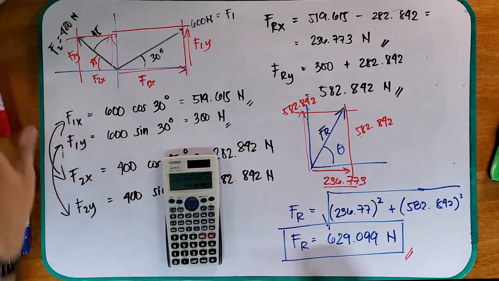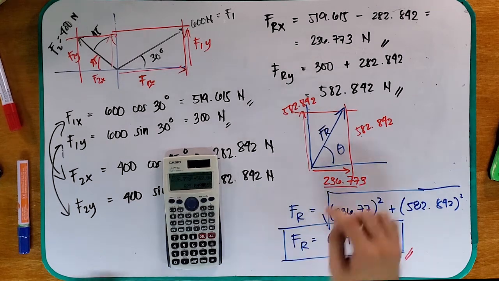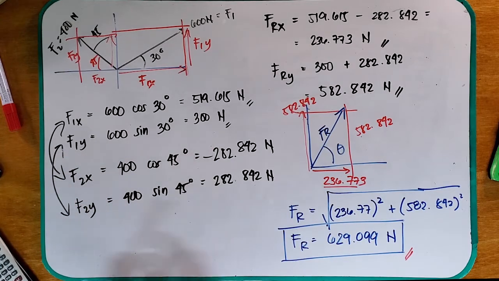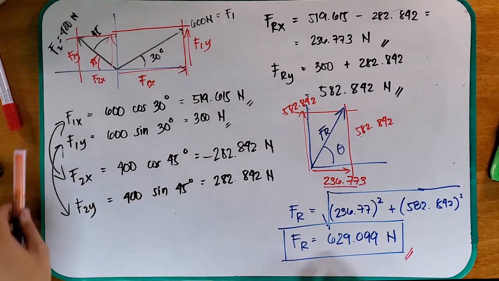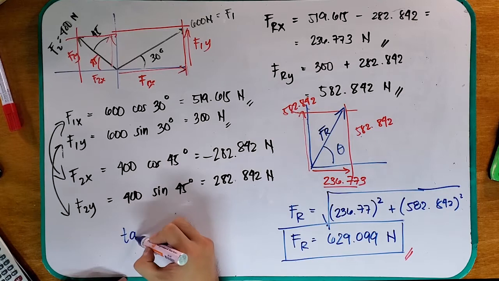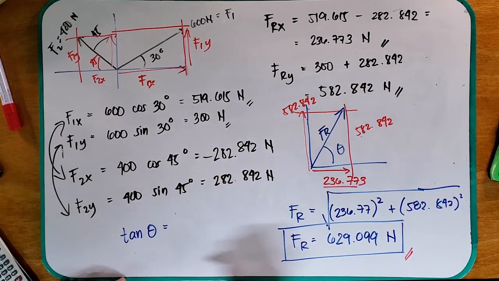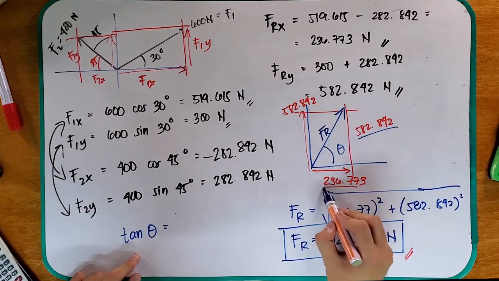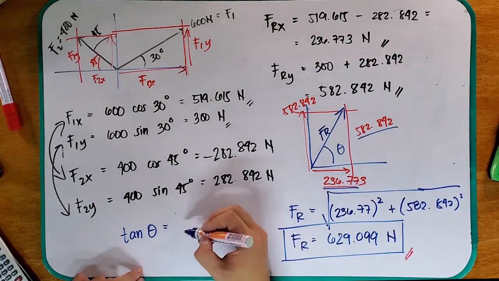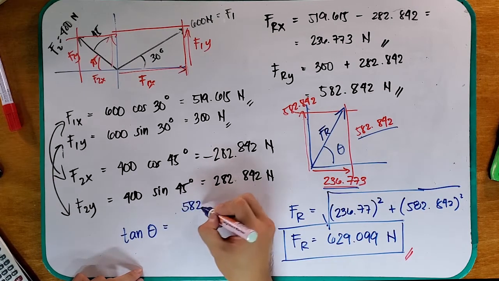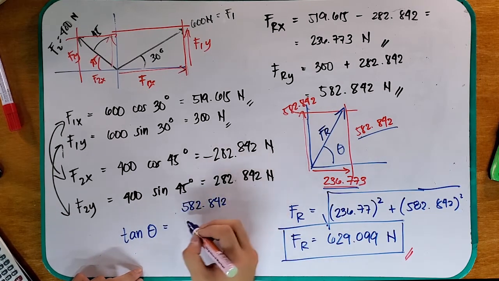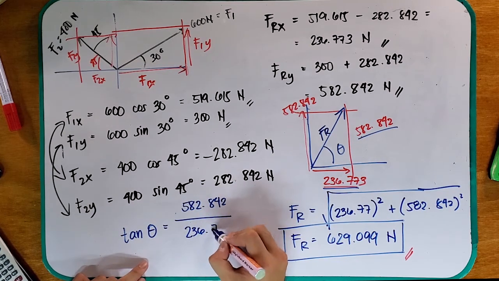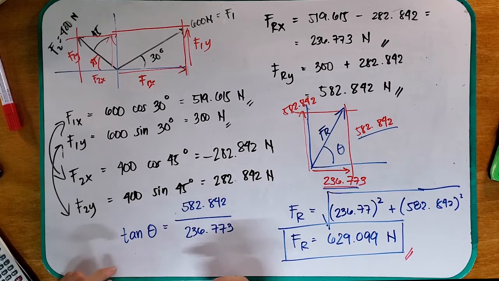Then we should get this angle by using the trigonometric function of tan theta. Because tan theta is equal to opposite over adjacent. And your opposite is 582.842 over your adjacent, which is 236.773.